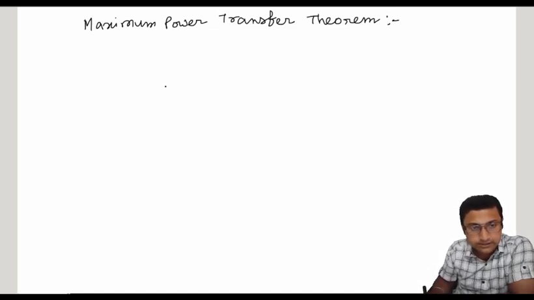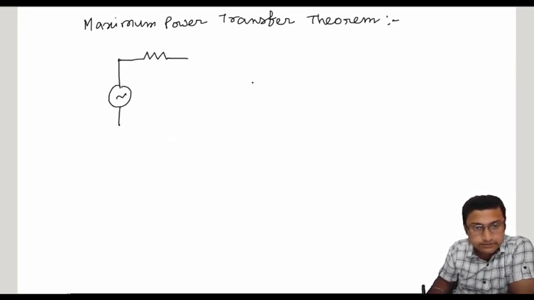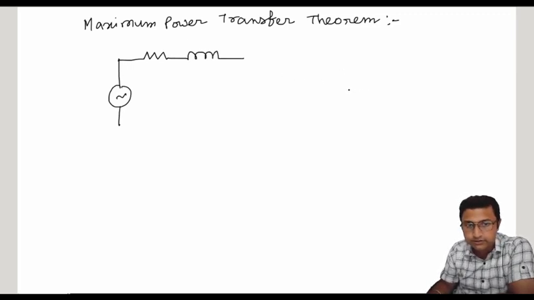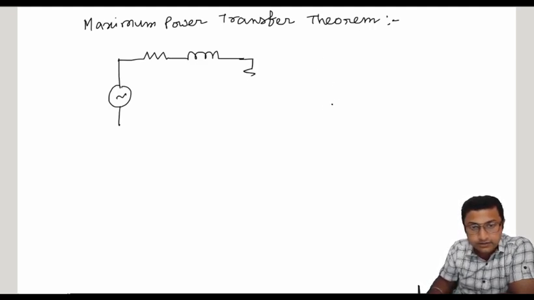So if I draw the circuit, this is the AC voltage source, and with this is the series impedance, okay, not resistance only, this series impedance, that means it is a combination of resistance and inductance, and here it is the load resistance and load inductance, so that means the total thing is the load impedance.